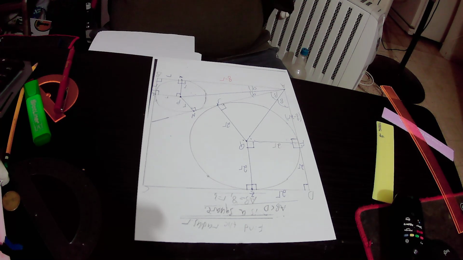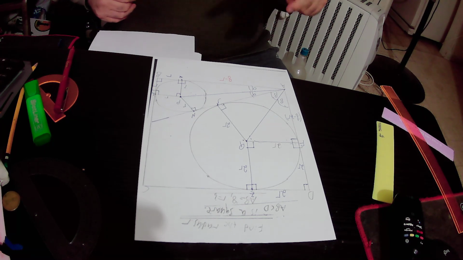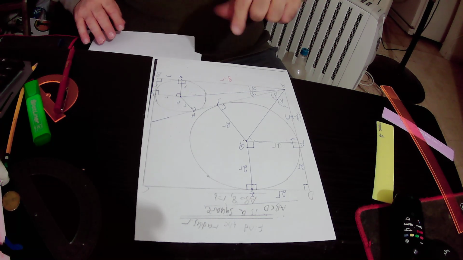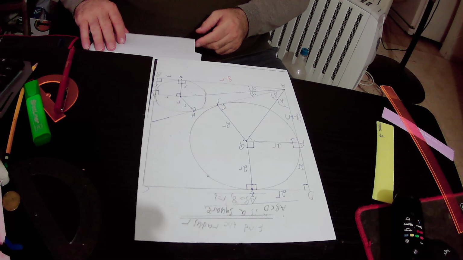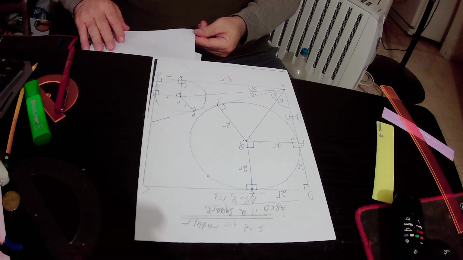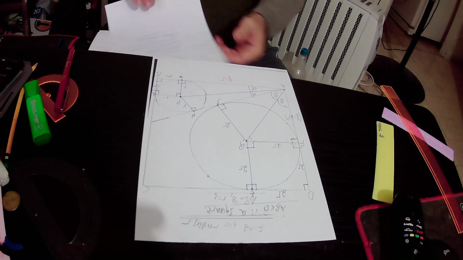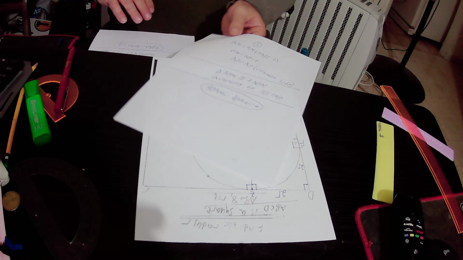If from an external point of a circle you draw two tangents to a circle, then they will be equal in their sizes. So AM equals AN according to rule number 2.